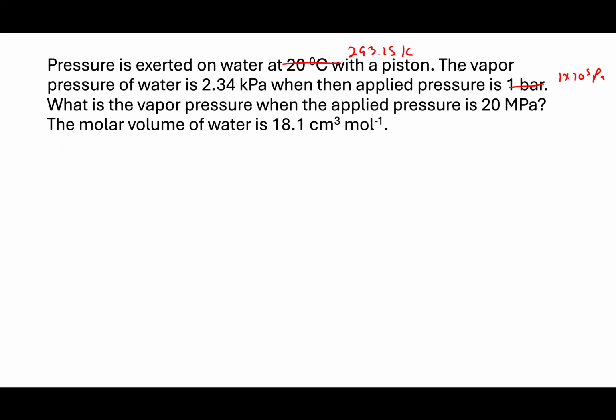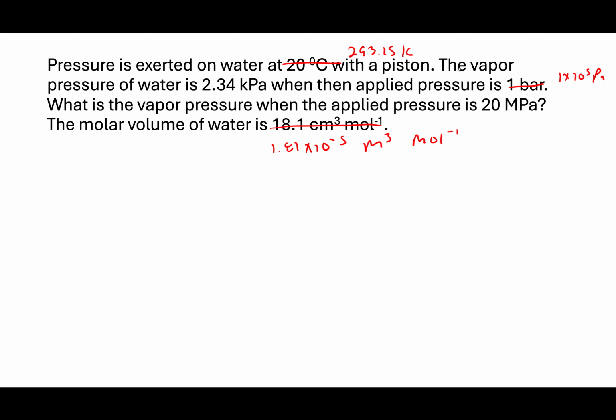This becomes 1.81 times 10 to the negative 5th meters cubed per mole. We have to fit it around R, and we're going to use a normal 8.314 for R just to make it easy on ourselves.